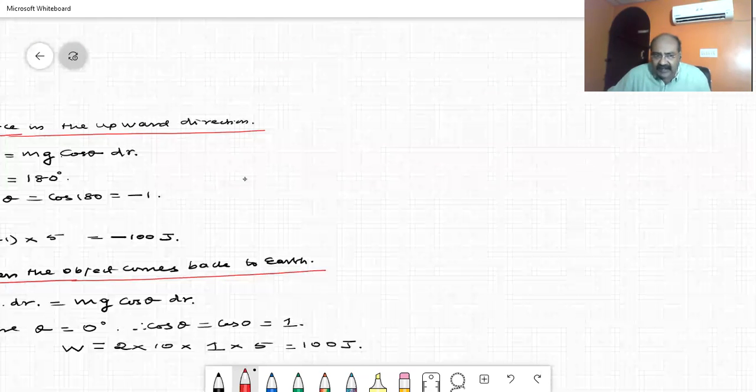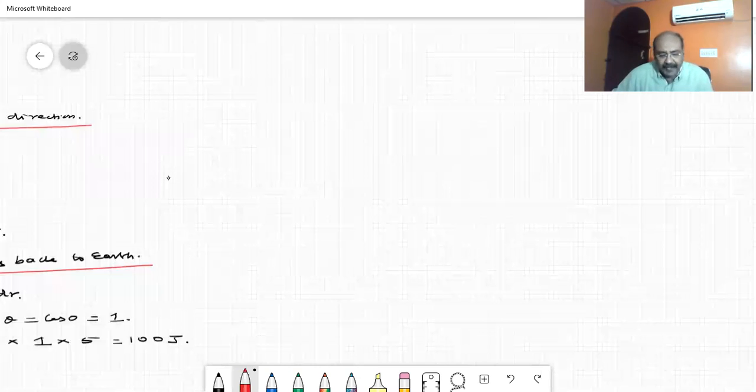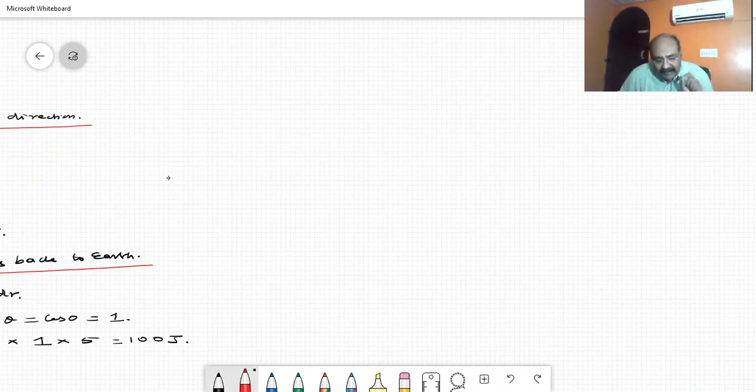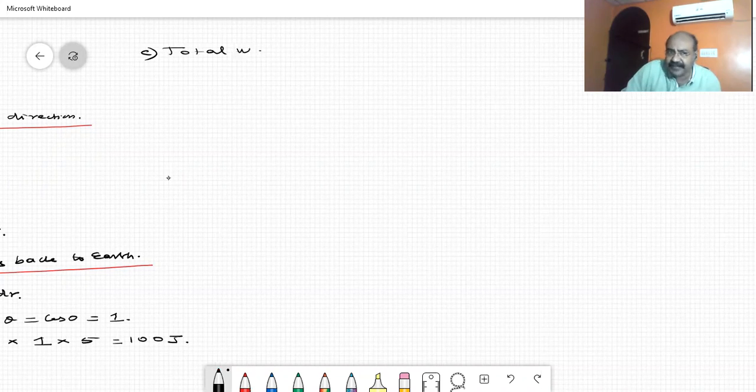What is the third concept that was being asked? You are asked to calculate the total work done in both upward and downward motion. So the third one is option C, the total work done is asked.